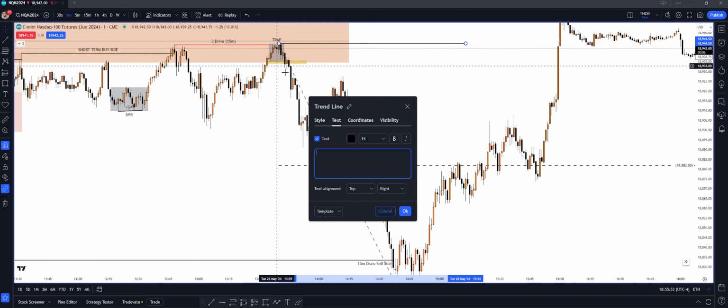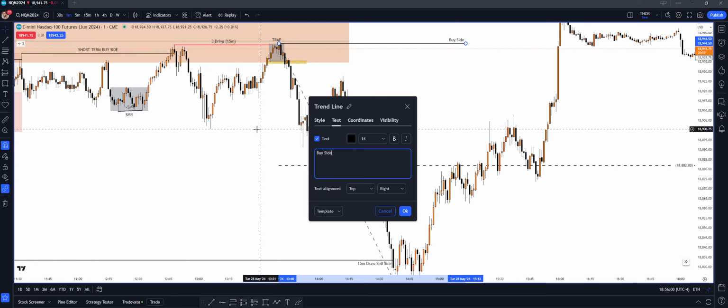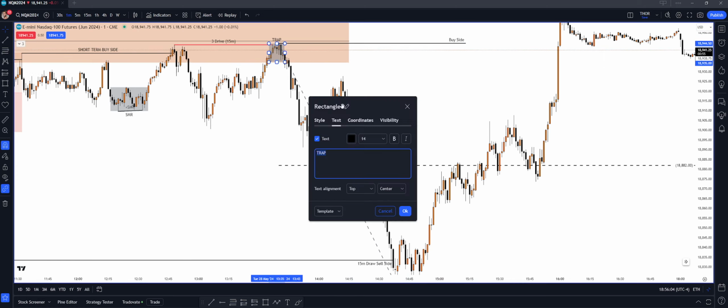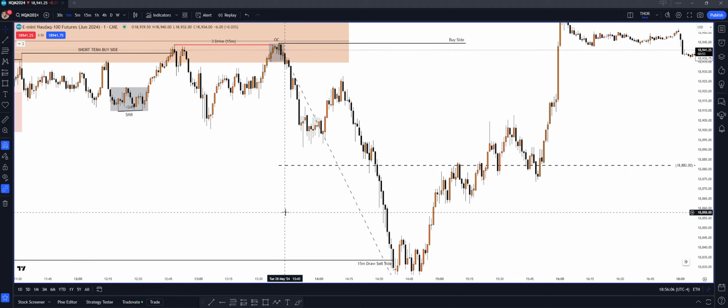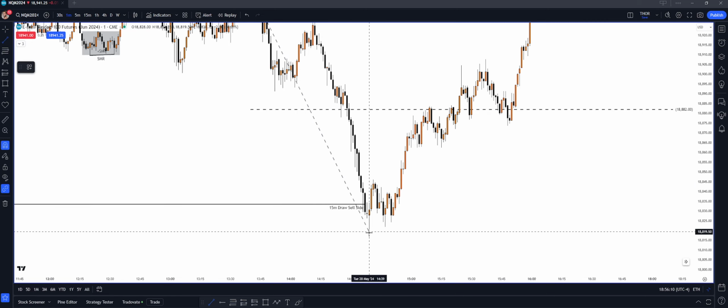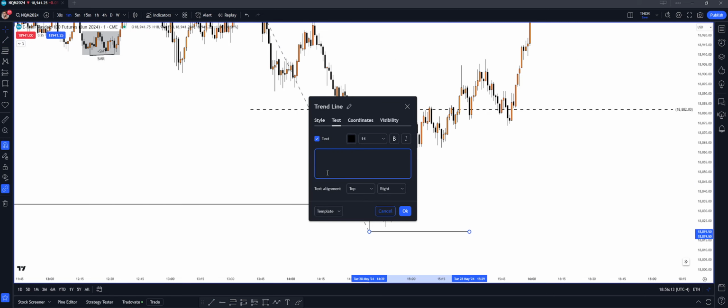There was no smart money reversal, I mean SMT divergence. This becomes the buy side. Then once the low is set, this becomes the sell side. So now you have a new dealing range that you can operate.